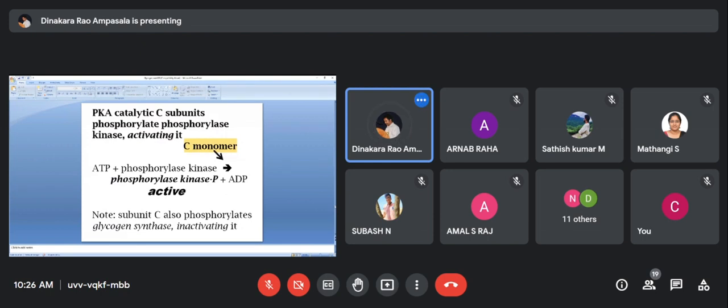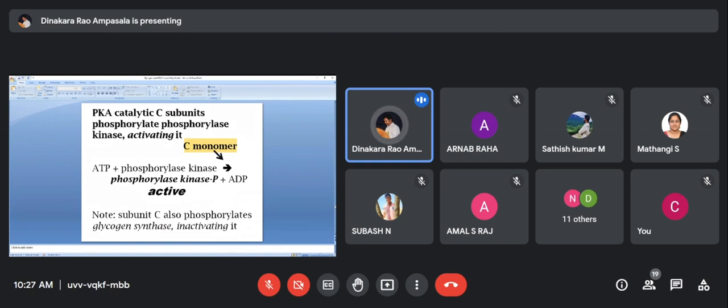Here, C monomers interact with phosphorylase kinase. Phosphorylase kinase is the protein which acts on glycogen phosphorylase, the protein which degrades glycogen in the first stage. Phosphorylase is an active protein that cleaves the non-reducing sugars.